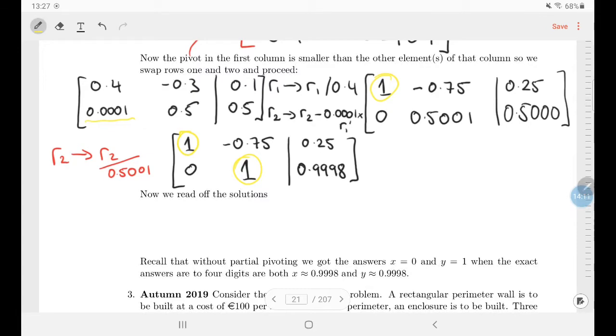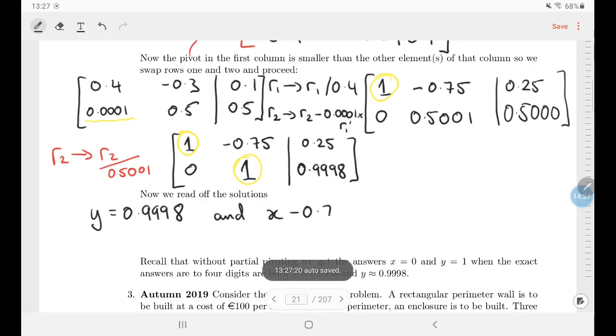So let's go. The second equation here reads 1y is equal to 0.9998. Last time we got 1, I think. And x minus 0.75 times y, I'm going to write in the y now, 0.9998 is equal to 0.25.